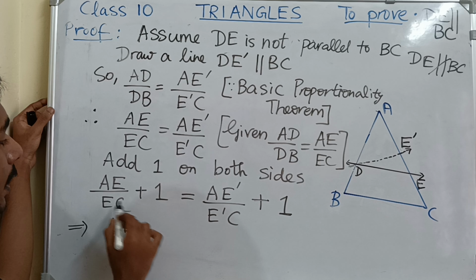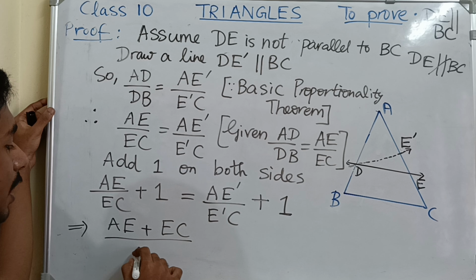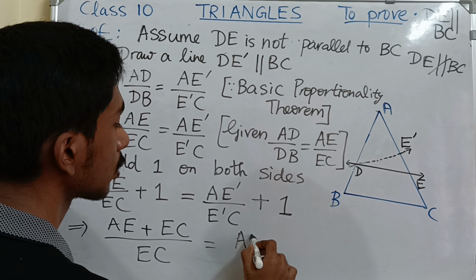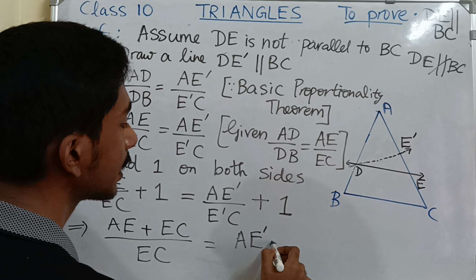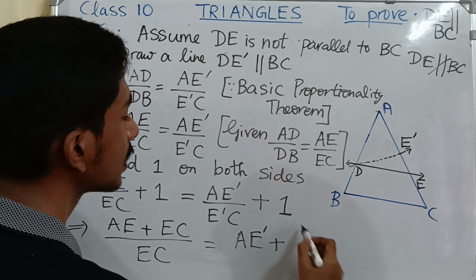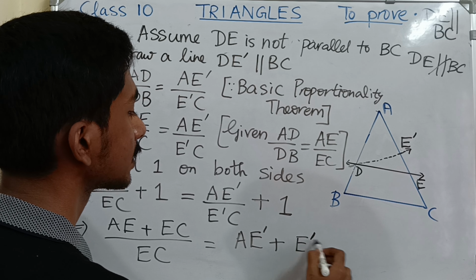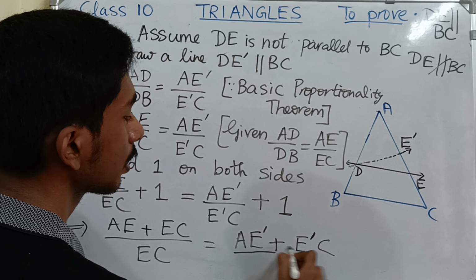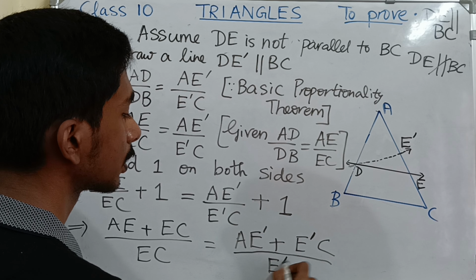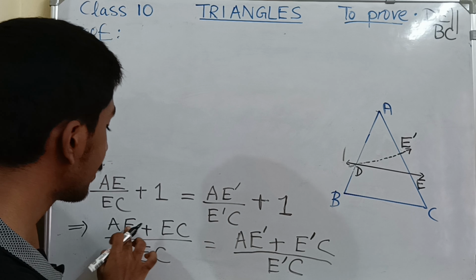AE plus EC into 1 is EC, the denominator will be as it is, EC, is equal to AE dash plus E dash C into 1 is E dash C, the denominator is E dash C.